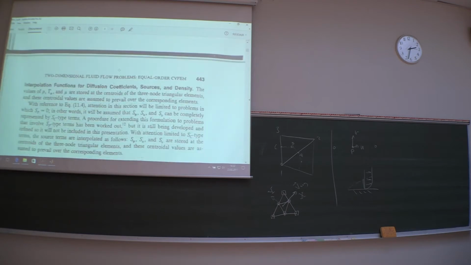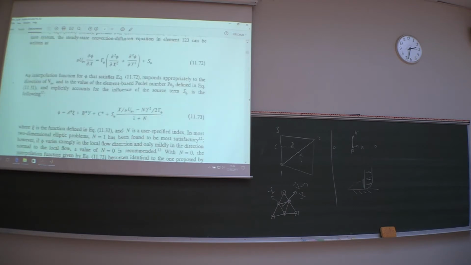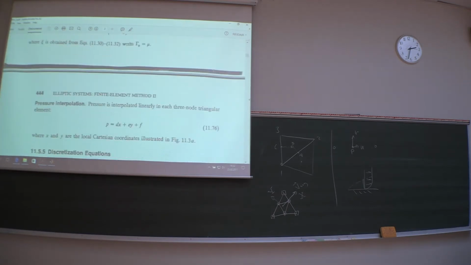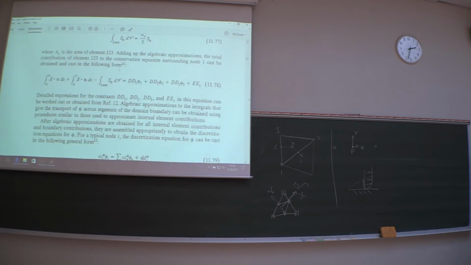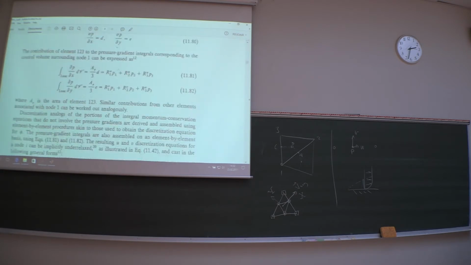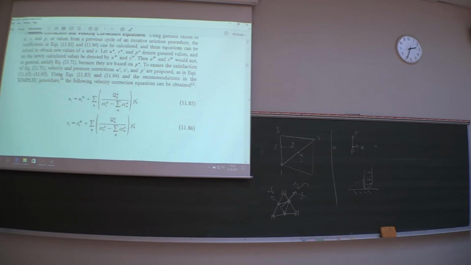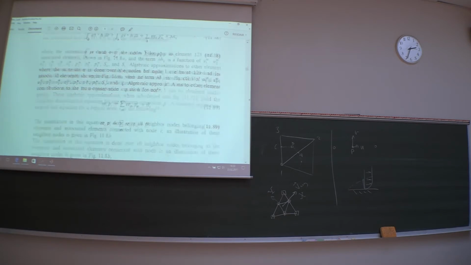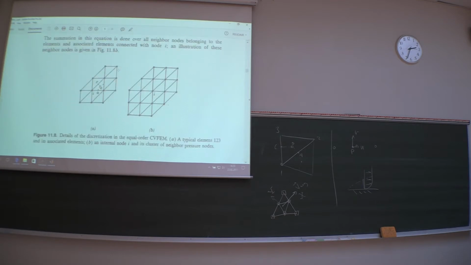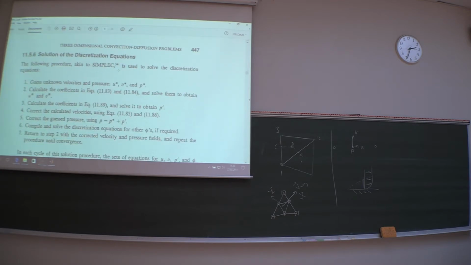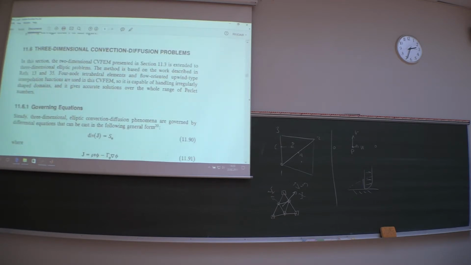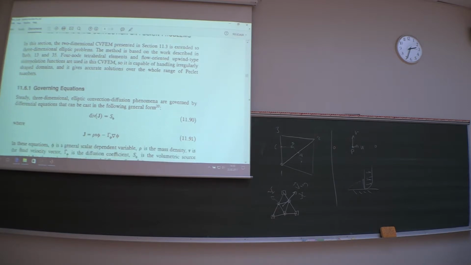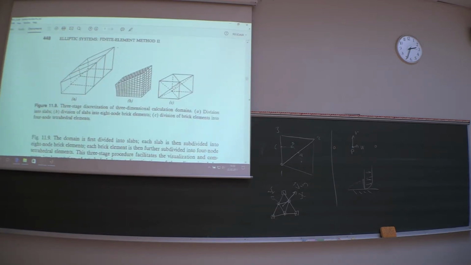So it's still the full 2D Navier-Stokes, but a little bit different way of thinking. But in practice, you'll end up with the same equation system. Not much difference. Little discussion when you are going to 3D, but it is more or less straightforward.